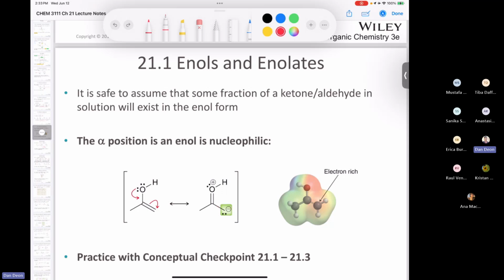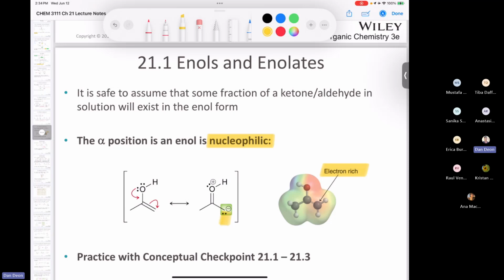So when I think electron rich, I start thinking, if something's electron rich, is it nucleophilic? And the answer is yes, it is. It turns out the enols are actually nucleophilic by the alpha carbon. So the alpha carbon of an enol can be nucleophilic. We're going to see this over and over in this chapter. If you're not picking up on it right away, trust me, you're going to see it enough that you're going to pick up on it.